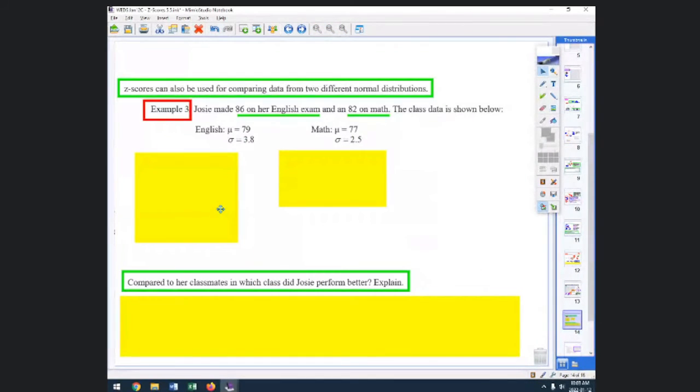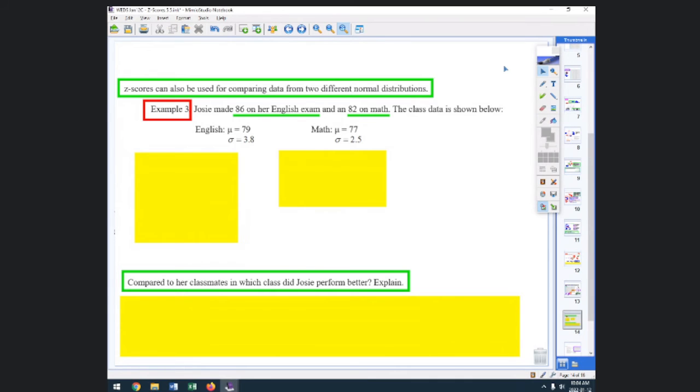Z-scores can also be used for comparing data from two different normal distributions. So I had two math classes. Math 11, your students are being taught the same curriculum. Often it's the exact same lesson. So when I give an assessment, I should be able to draw some conclusions about the results.